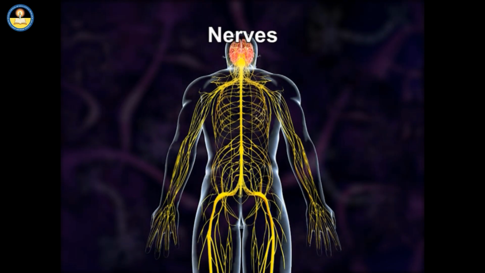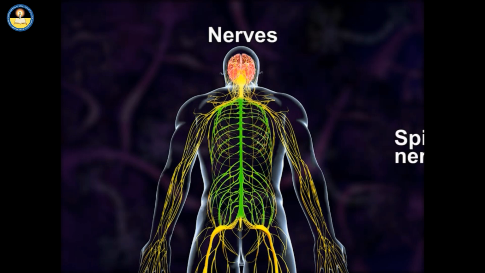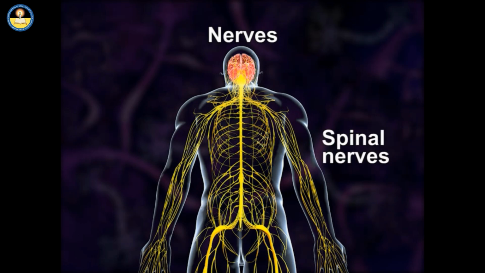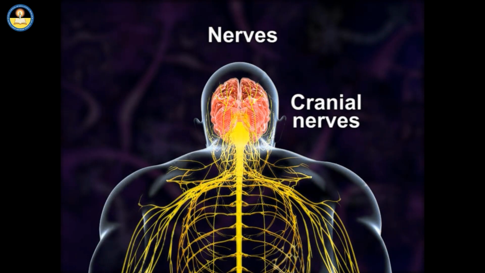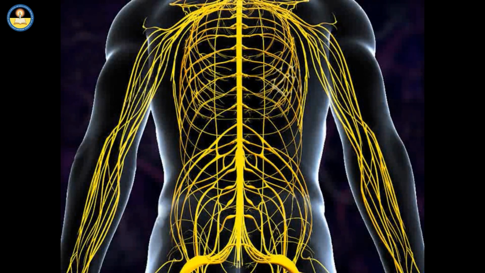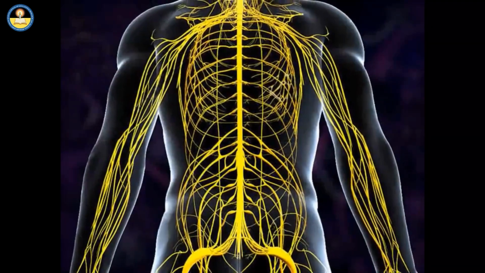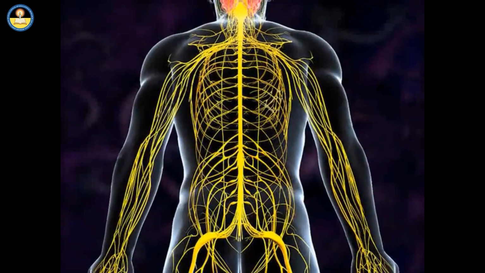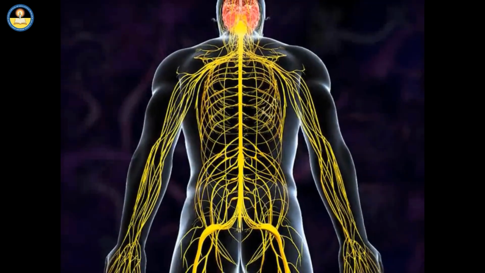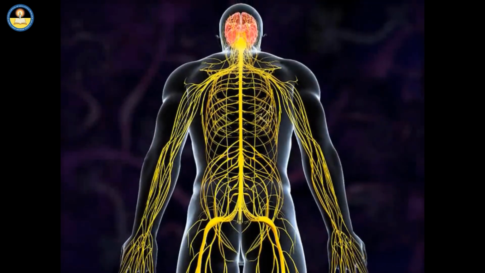Nerves are also classified as spinal nerves and cranial nerves. Let us find out how neurons communicate with one another and with other tissues to receive and transmit information throughout the body.